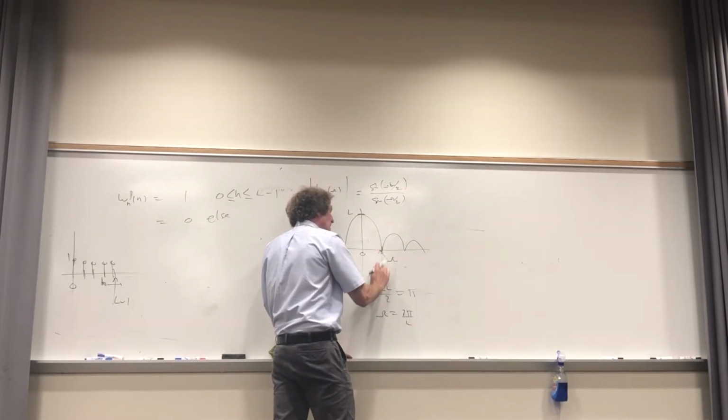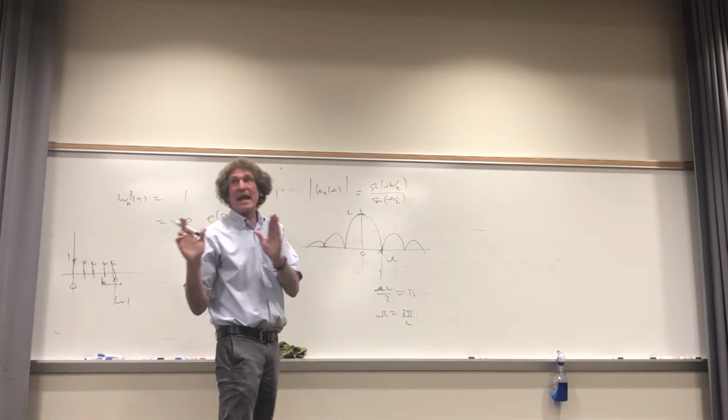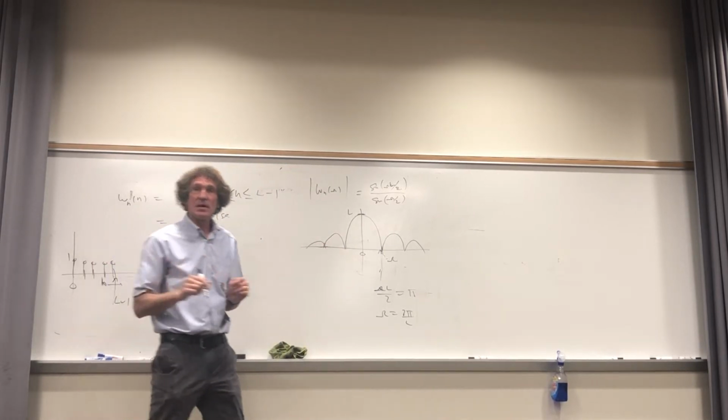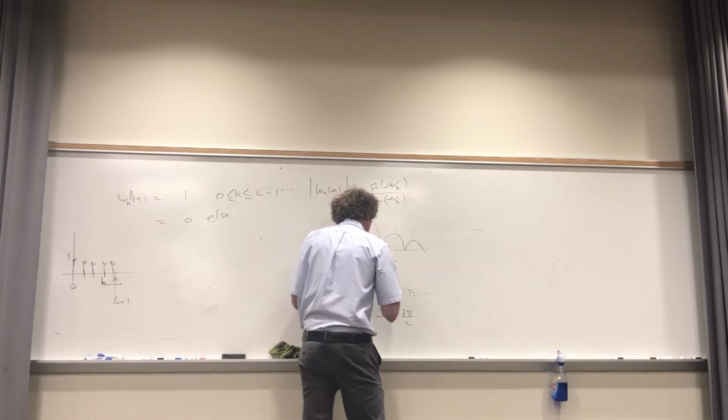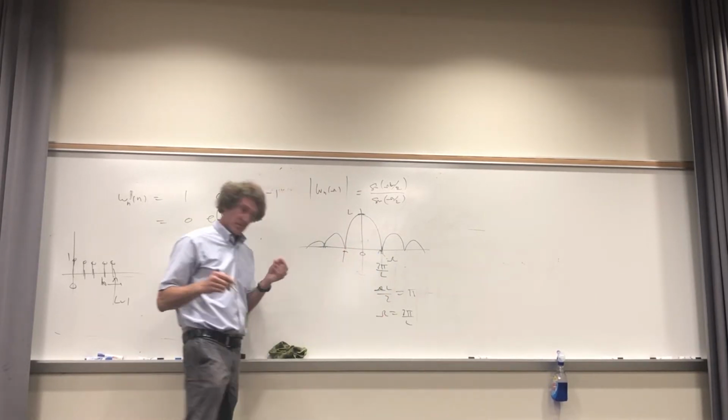So this point right here, for a simple rectangular window with nothing changing, is going to be 2 pi over L. Where do you think this point's going to be?